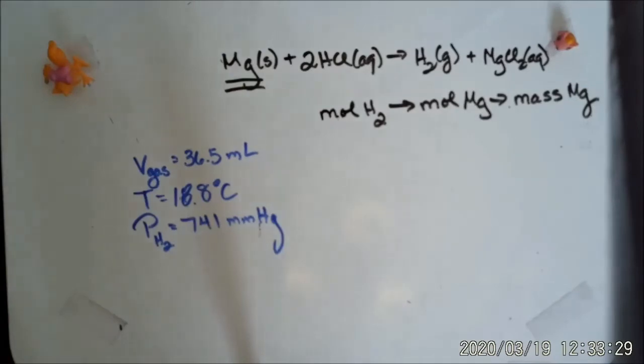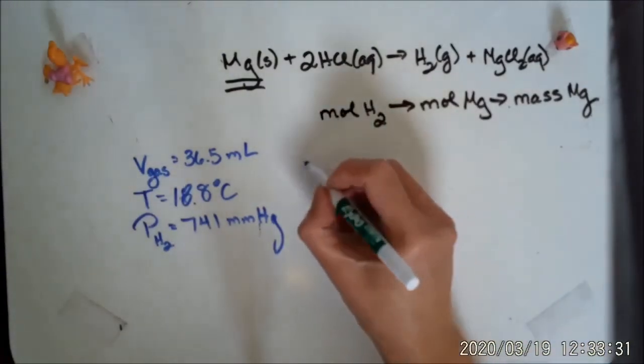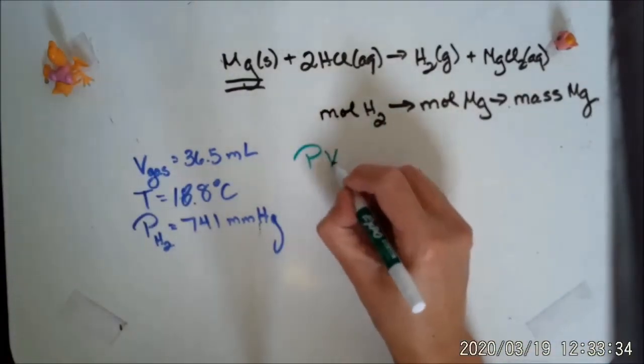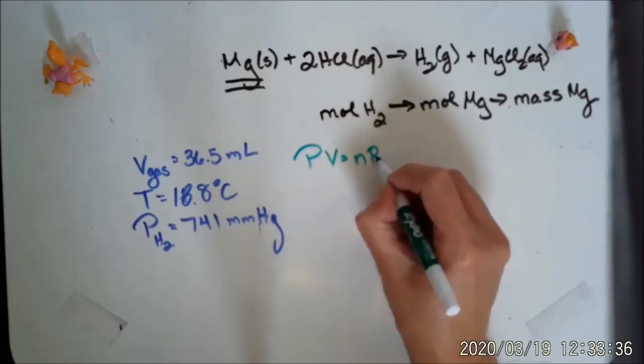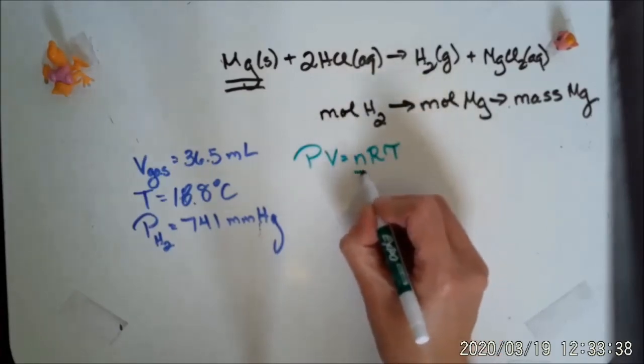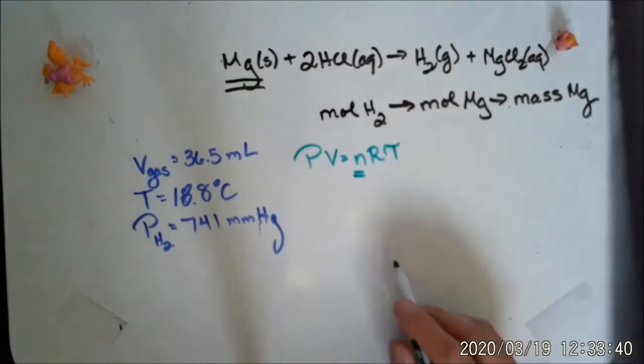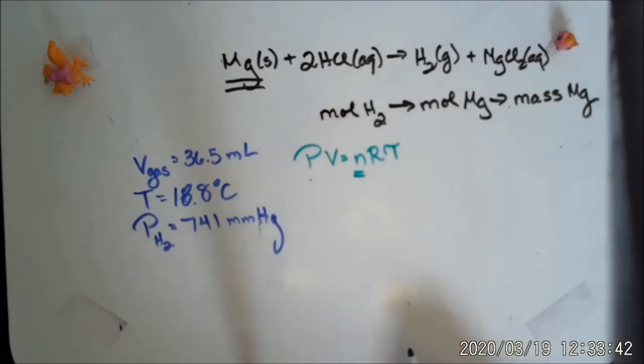Hydrogen is a gas. So we're going to use PV equals nRT, and we are going to solve for n. This needs to be in atmospheres. That needs to be in liters. This needs to be in Kelvin. So let's do our conversions.